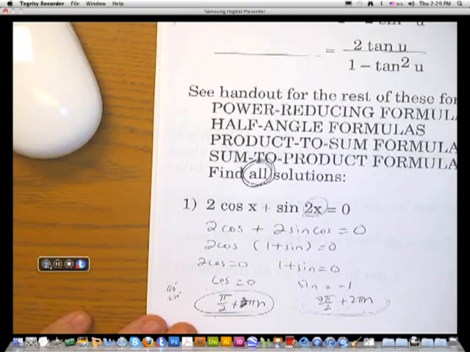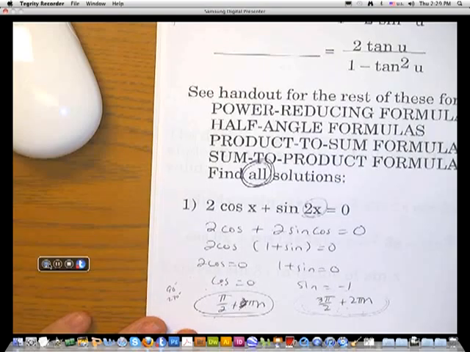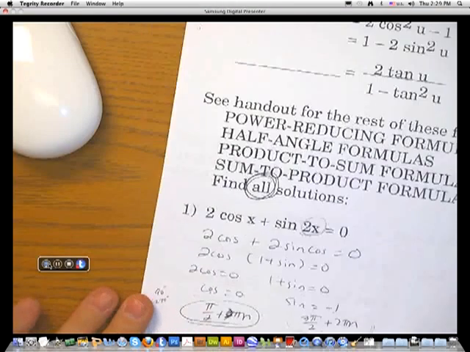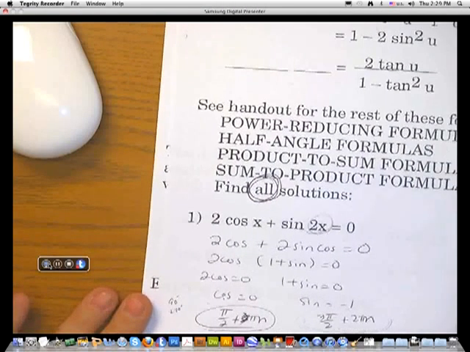That's the only solution that I need to worry about, because the one will take care of it. Pi n will get me to 180, and then 3 pi will get me back, and it'll keep going around and around and around. So we're okay with that.